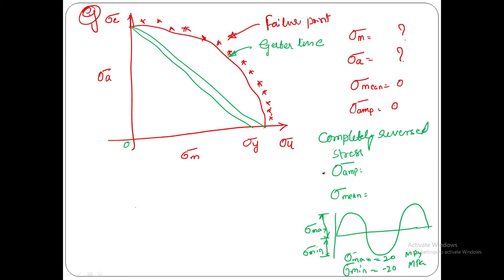So sigma mean equal to 0 and sigma amplitude equal to 20 megapascal. Right. Now, in this case, what happens? As the stress varies from positive to negative, the possibility of fluctuation is more here.